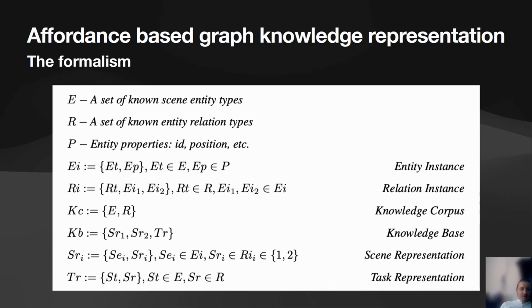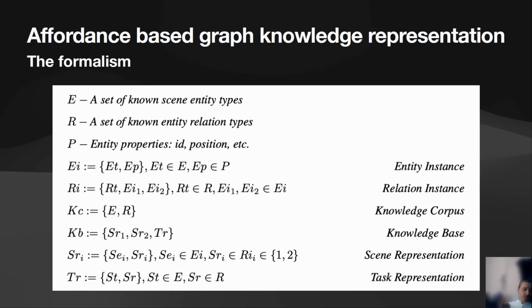So now a bit of a formalism. In order to describe the scenes, I'm using a set of known entity types. An entity is like a feature or affordance, and also an object. So an entity is a node on my graph.